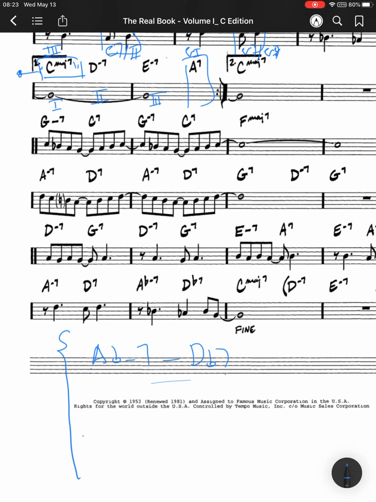So I'm going to talk about another substitution and reharmonization technique called tritone substitution. What is that?